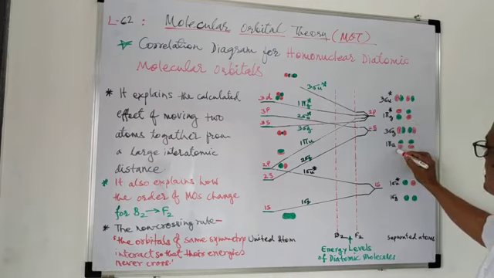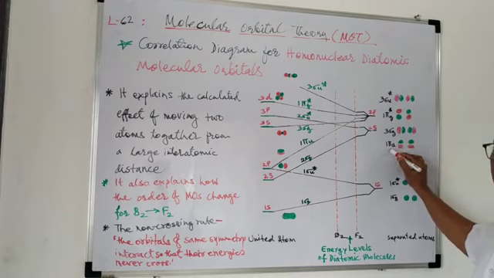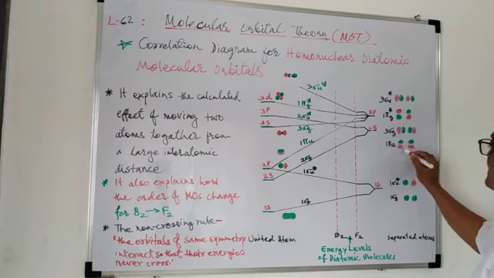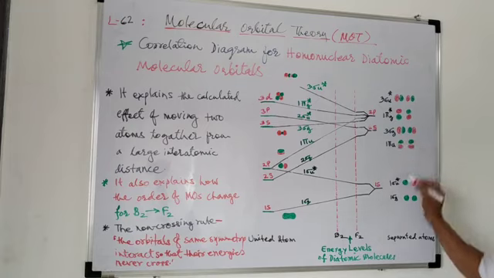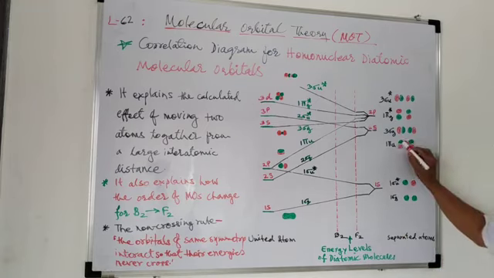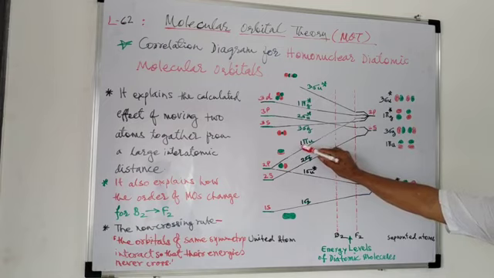When the atomic orbitals px and py are parallel, of the same symmetry and with identical signs of wave functions, they will produce pi bonding molecular orbitals, which are called 1 pi u.